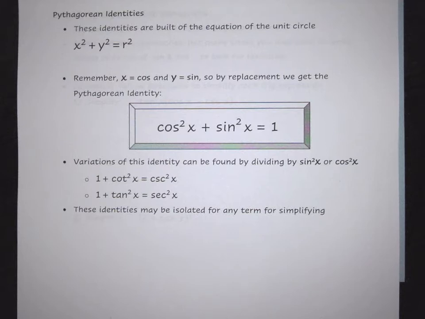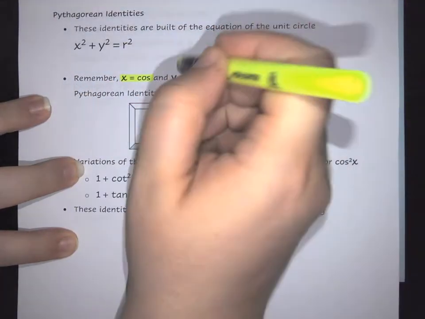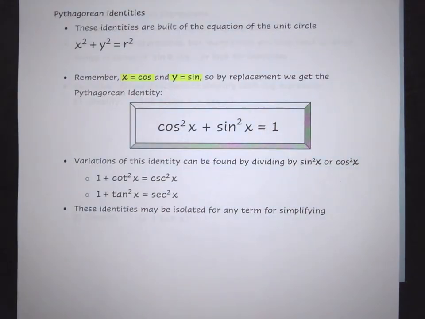Pythagorean identities deal with the right triangle, and as you know, when working with your unit circle, we do a lot in terms of Pythagorean identities. The biggest thing that we have to remember about those is that your x is representative of your cosine and your y is representative of your sine.